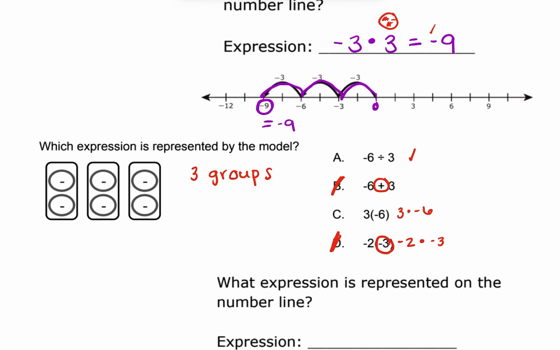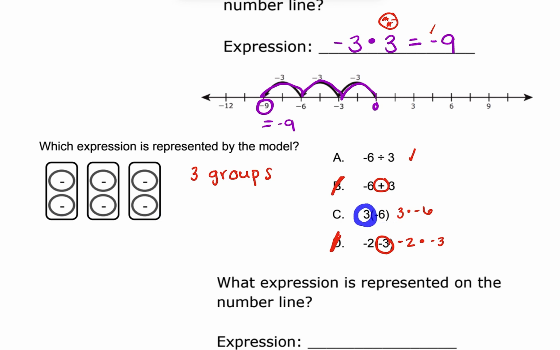And then let's look at what we have in A. So this is saying I have -6, and I am breaking it into 3 pieces. So do I have -6 pieces? 1, 2, 3, 4, 5, 6. I do. And did I break it into 3 groups? Yes, I did.